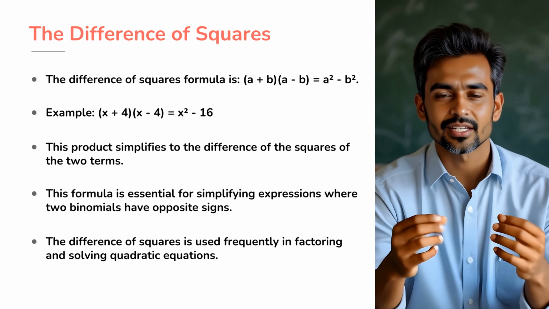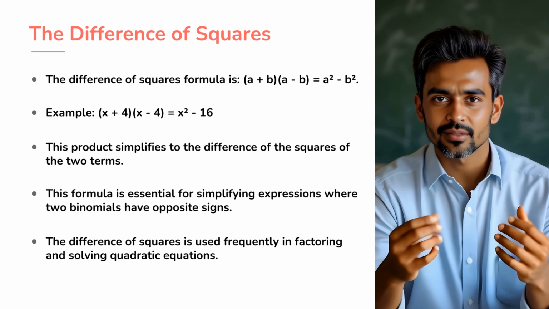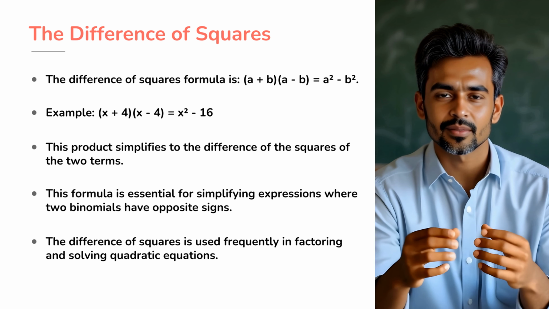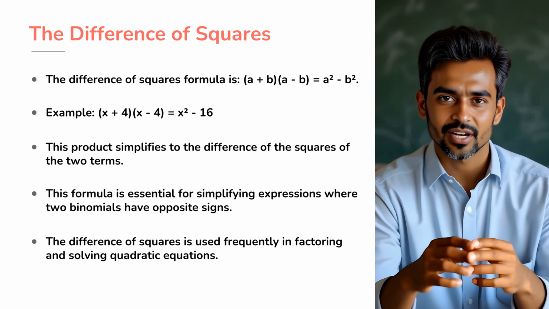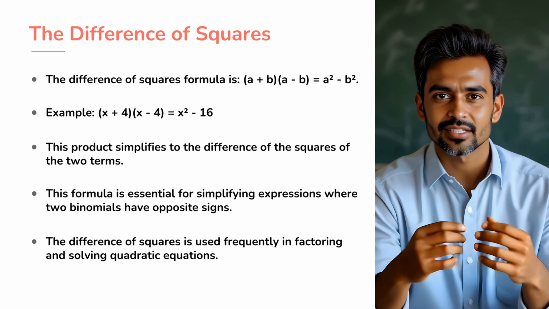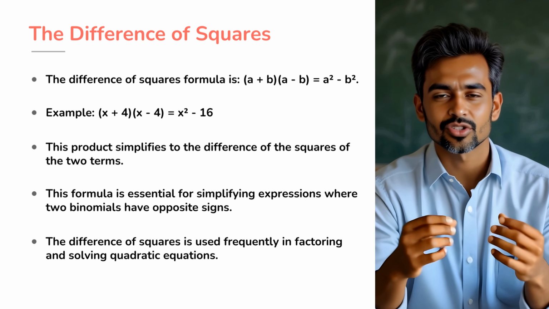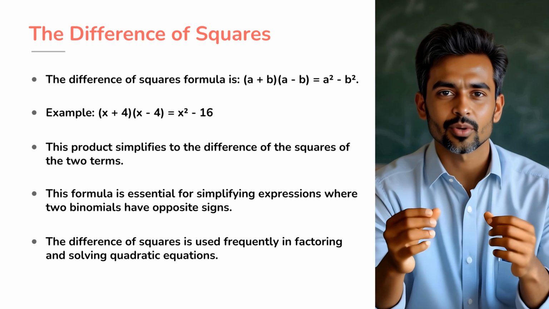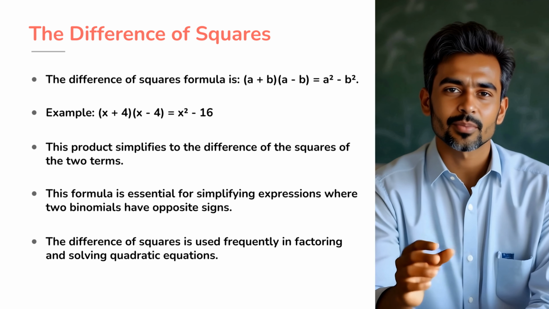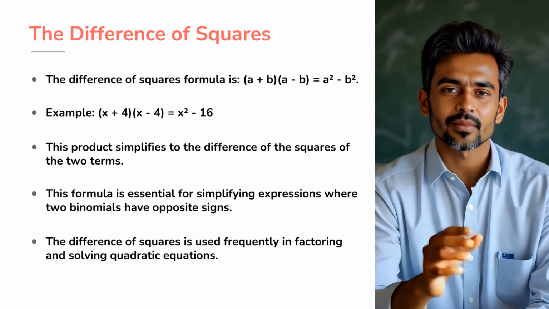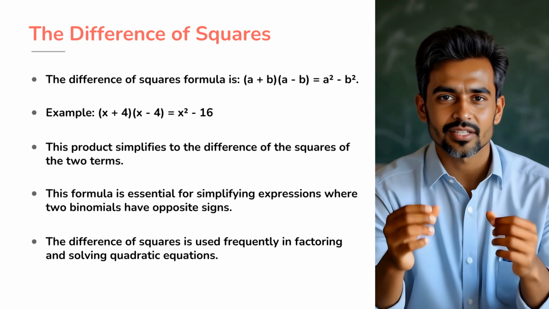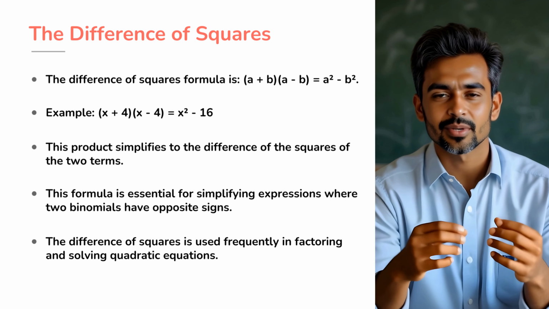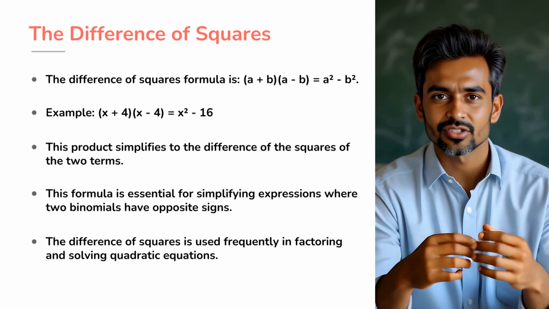Let's now look at a different kind of special product, the difference of squares. This one's really useful in simplifying expressions like (a plus b) times (a minus b). The formula here is a plus b times a minus b equals a squared minus b squared.